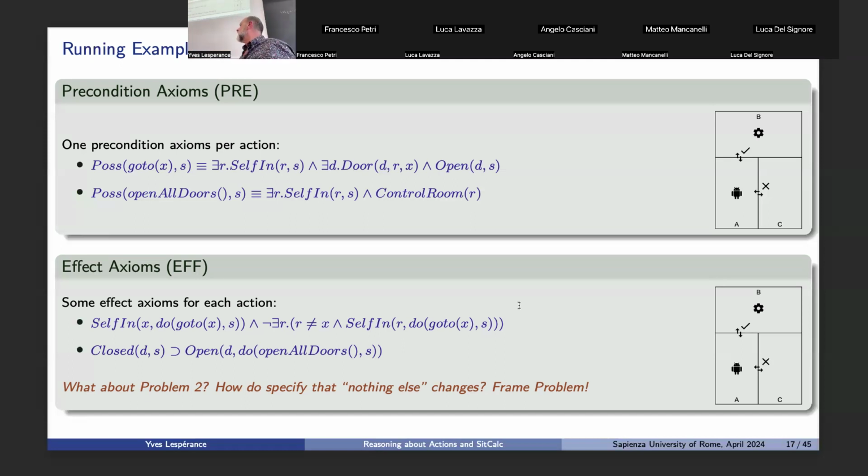And actually, P implies Q is the same as writing not P or Q. The second fact, shouldn't we also put a universal quantifier, for any D, closed D S? Here we assume that whenever you have a free variable, there's a universal quantifier. So you're right: for every D and every S, if D is closed in S, then in the situation that follows doing open all doors in S, D is open, for every D and every S.